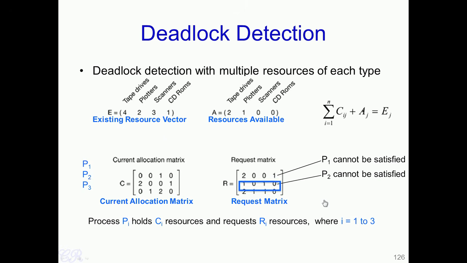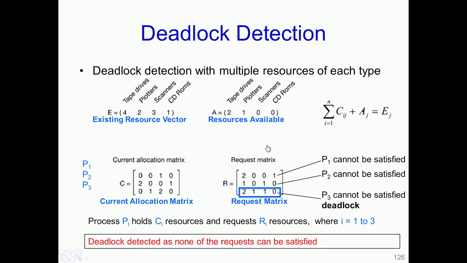Now, let us see the third case, where for process P3 there are 2 tape drives which can be met, 1 request for a plotter which can be met, and 1 request for a scanner which cannot be met. So, process P3 also cannot have its requests satisfied. So, P3 also will wait.